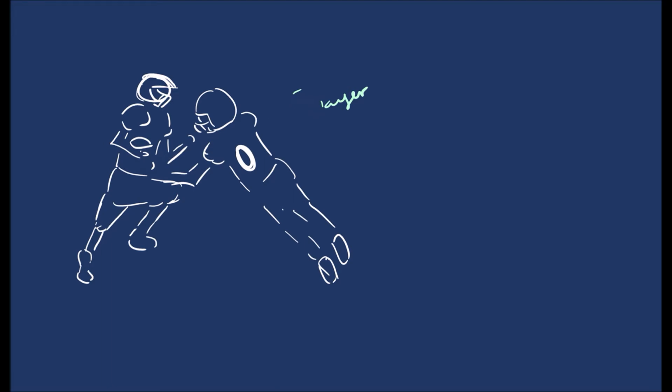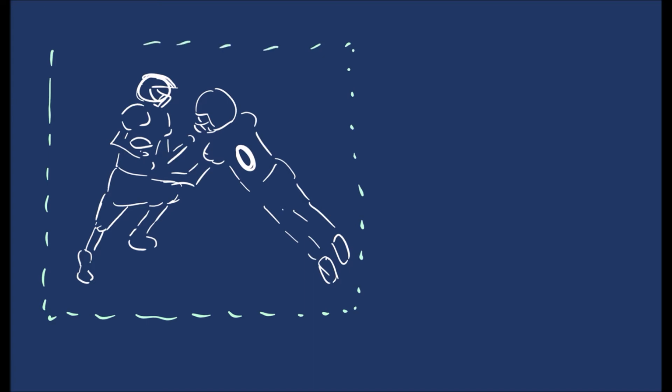So if we define this two football player system and look at the collision, the two players are coming at each other. They both have probably some kinetic energy, and if they're fast, they might have quite a bit of kinetic energy.